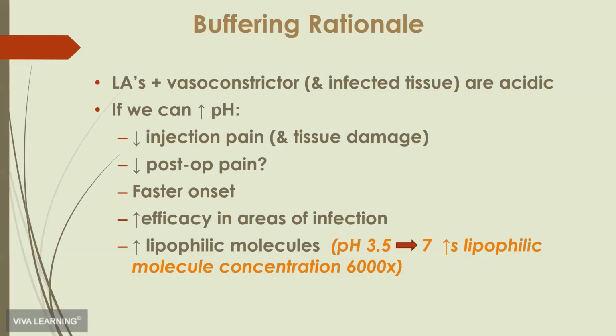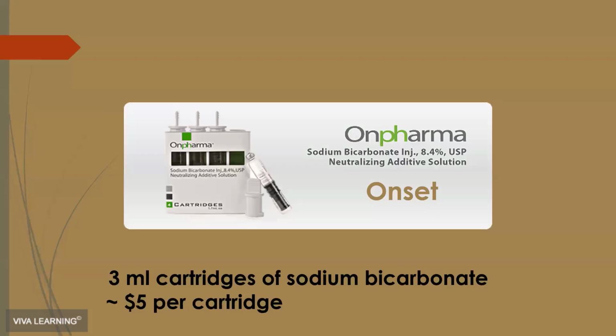Acid makes the local anesthetic work backwards. It doesn't work as well in an acidic environment. So if the local anesthetic were more basic, it would hurt less when we inject it. It would work more quickly. It would work better in areas of infection. And it would be just an overall better local anesthetic product.